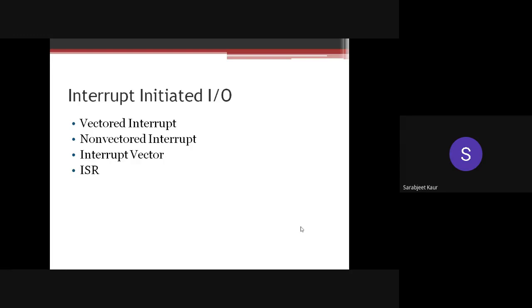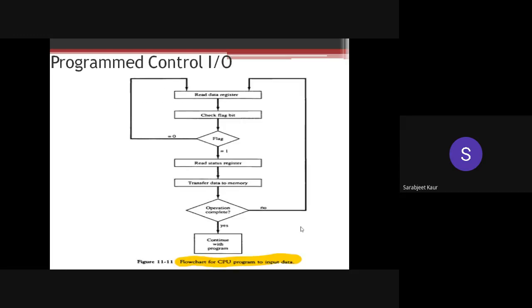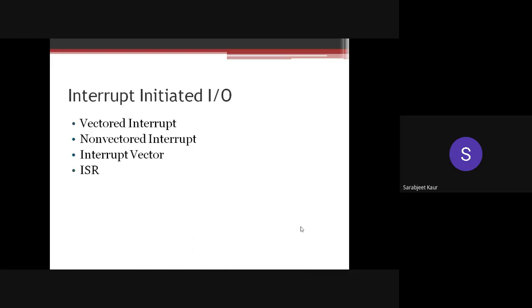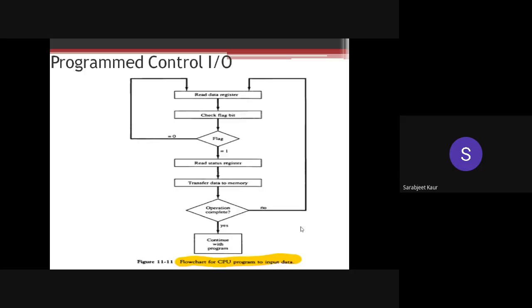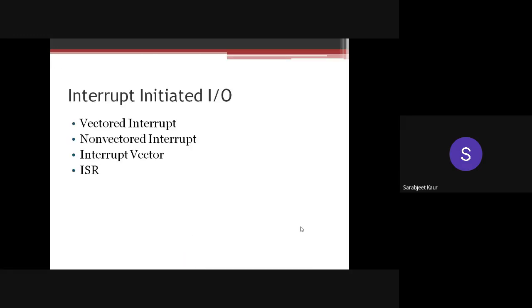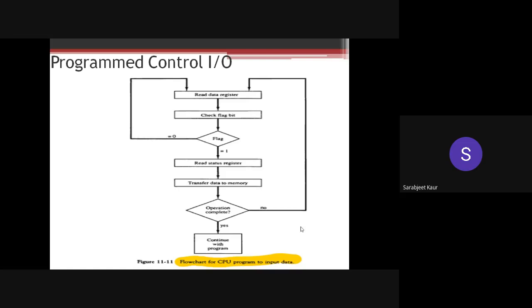Now, as opposed to this, you remember I told you interrupt initiated IO is an alternative. In interrupt initiated IO, the CPU gets free from this task, this loop that you see here.